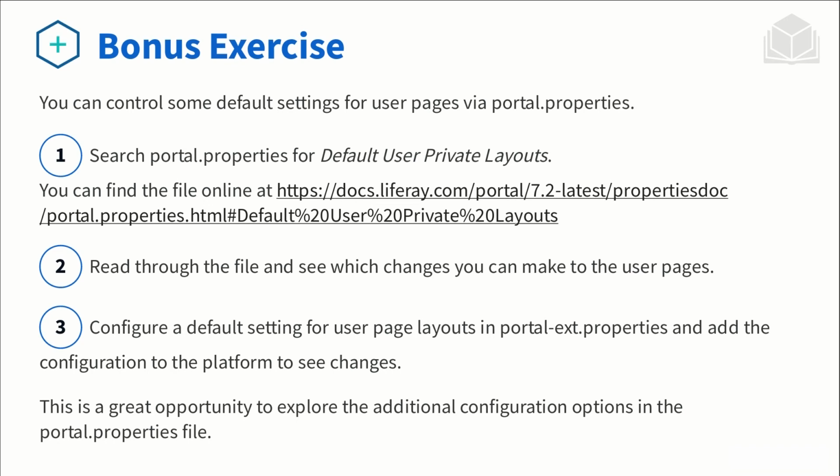So these thousands of lines are well worth a read. Not because you want to learn what you can configure, but because you want to have seen it at least once, because you will learn what can be configured. You'll have a feeling of, oh, I have seen that somewhere. Where was it? Oh, it was that Portal properties file.